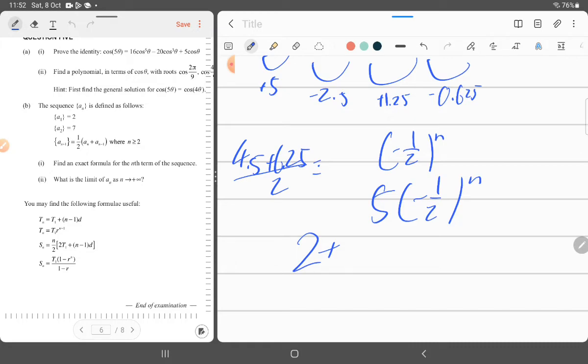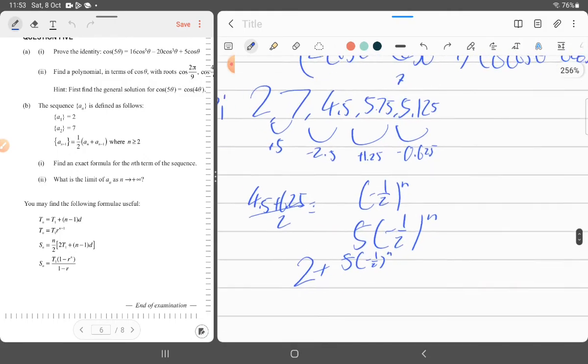So basically we can just add the constant, which is negative half to the power of n all over. Because 2 plus, yeah, always adding that.